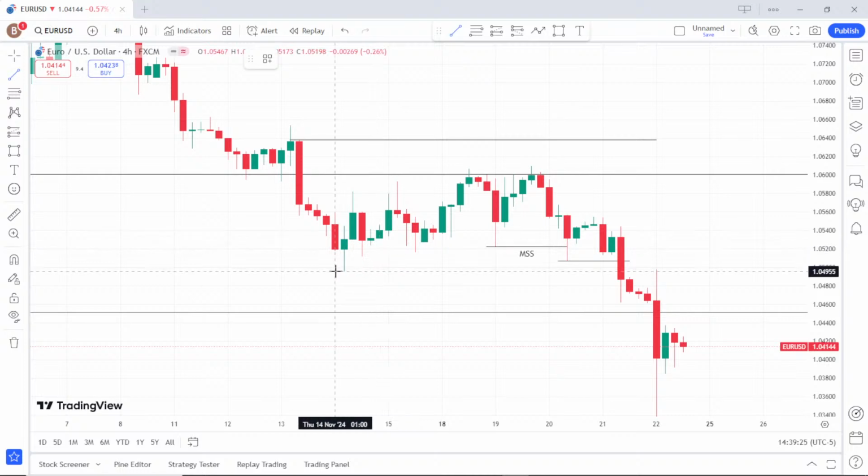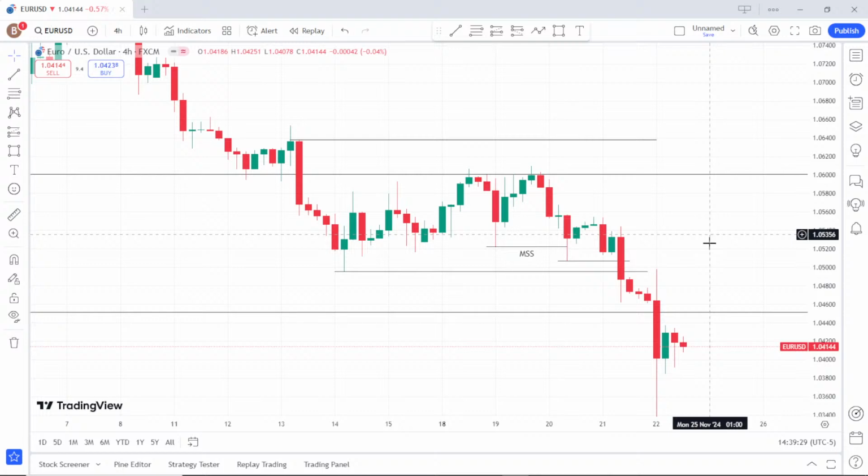Then this becomes another liquidity target. These two first, after this market structure shift, and then going down. In this retracement leg, I'll be looking for sell trades to reach this liquidity target, and when we get here.